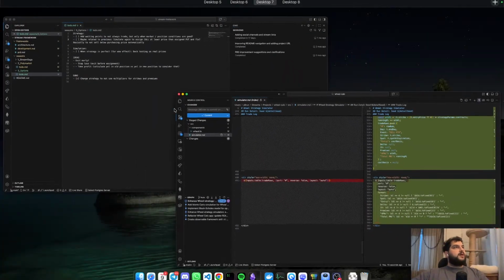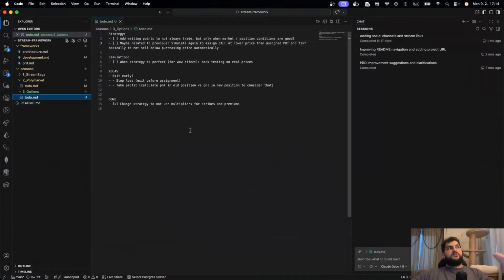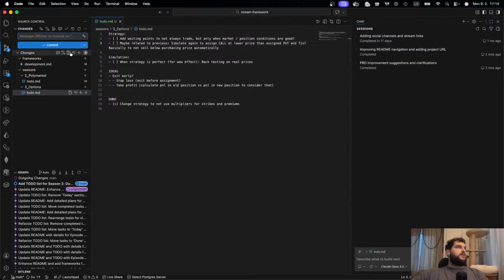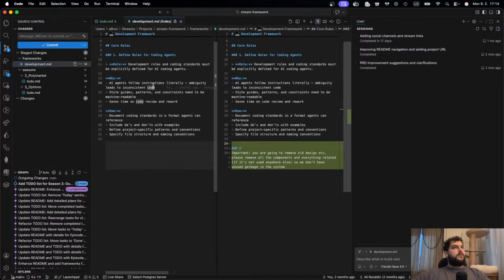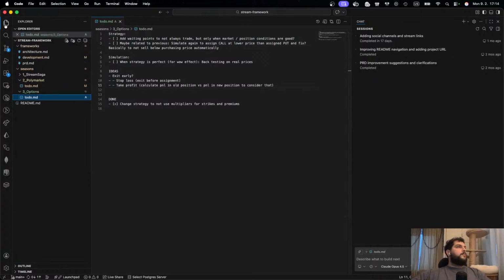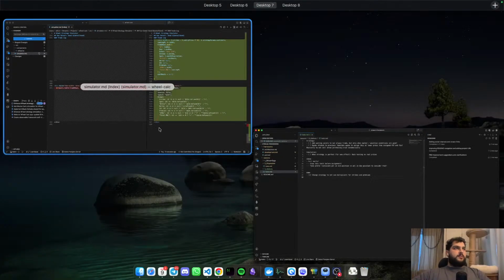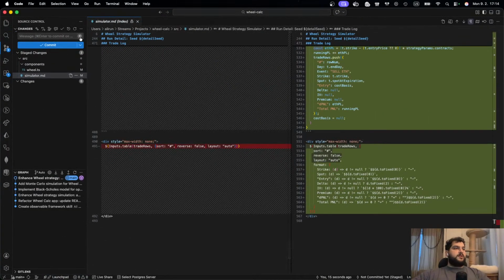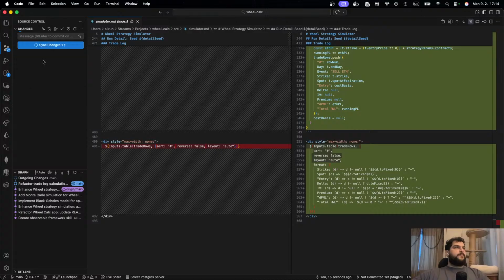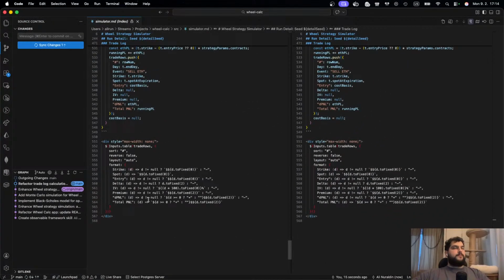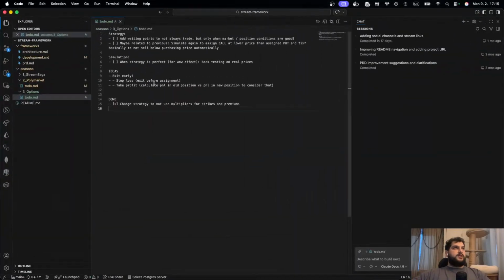Okay, you know what? Let's finish for today. I think I'm gonna keep the to-do list as is right now. I like this, so I'm gonna push the new table as well. What I think we can do is actually entry price.